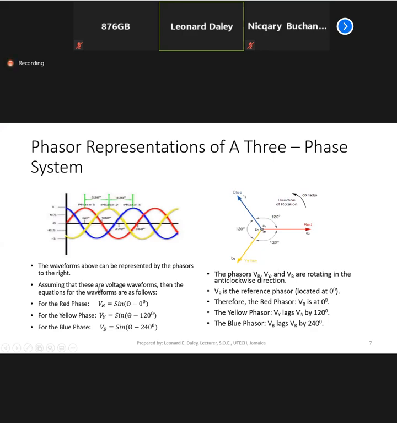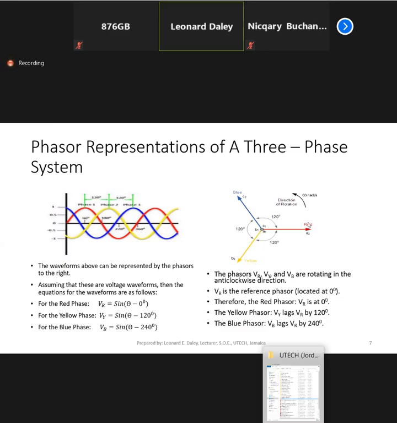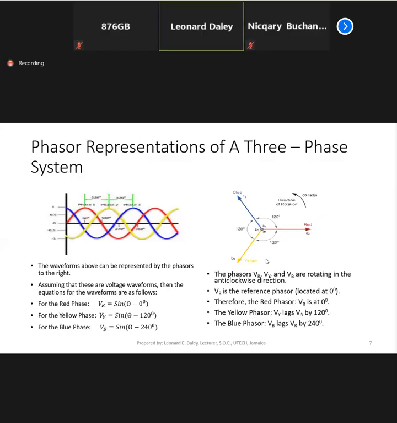All right, so we have the waveforms represented here, and the equation for them is a sine wave. But we could also represent them as vectors, as you saw before, right? So when we represent them as vectors, this is what they look like in this diagram here.